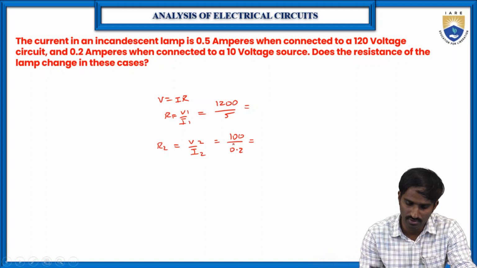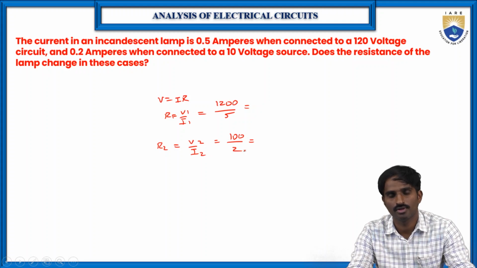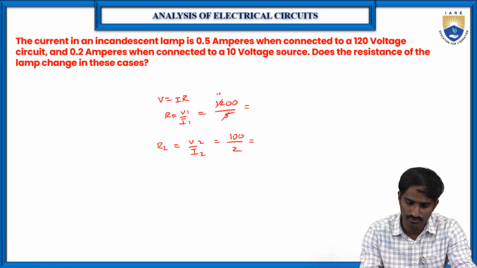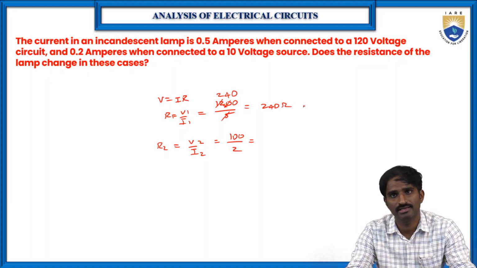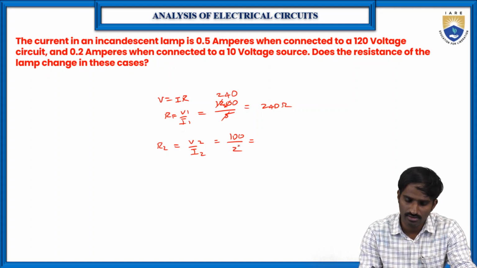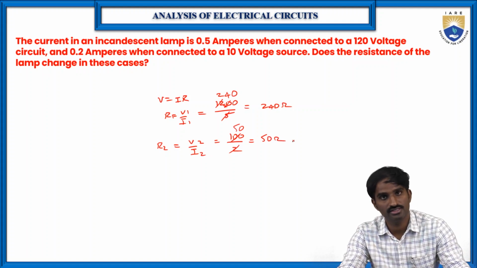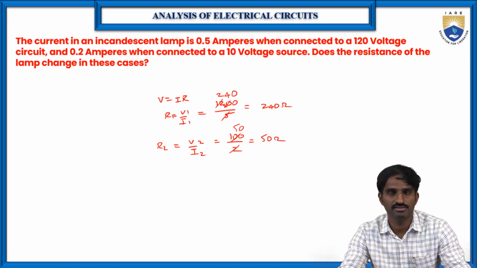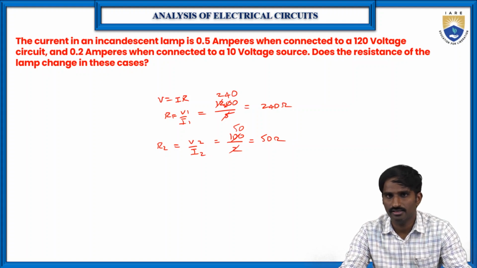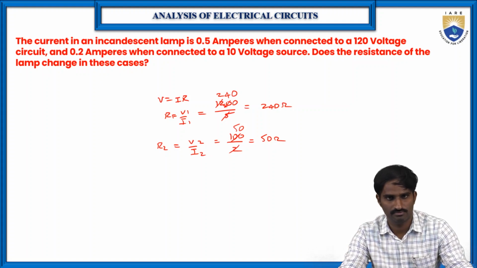If I remove the decimal from 0.5, then you get 120 by 0.5, which is 240. Then R2 is 10 by 0.2, which is 50 ohms. So in both cases the resistance of the lamp is different, because when voltage and current are different, the resistance will also be different, as we know R is equal to V by I.